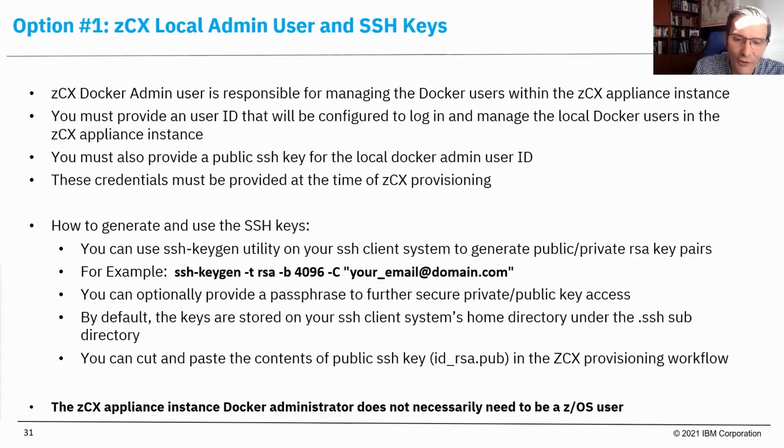So you have several options here. The key is I would recommend starting out with just the local appliance registry for now. It'll get you started, and then at some point later on, if you have requests coming into your zCX appliance, you can then have it be authenticated through your security products that you have already there. Okay.